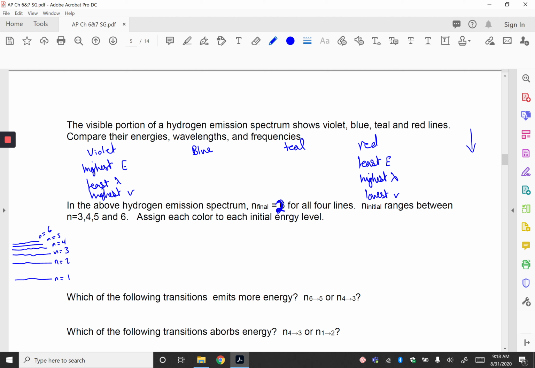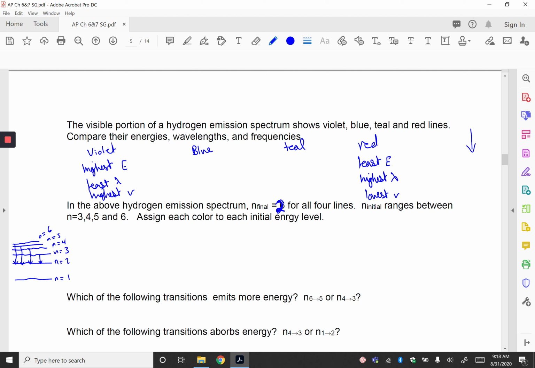But they all fall down to the second energy level. So we're saying one of these goes from N equals 6 to N equals 2. One goes from N equals 5 to N equals 2. One is N equals 4 to N equals 2. And then the last one is N equals 3 to N equals 2. These are all the different emissions that we're seeing right here with these colors.